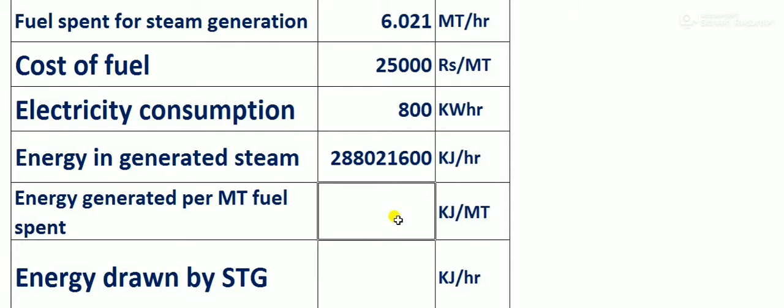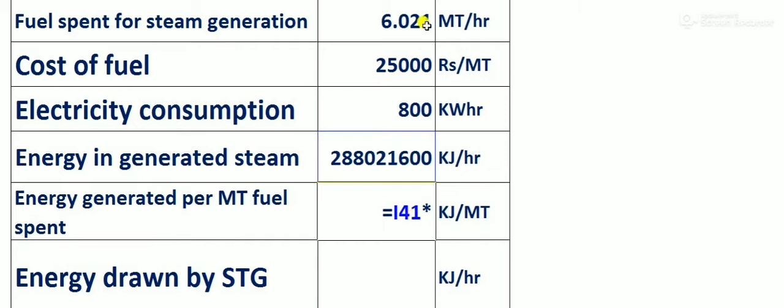Energy generated per metric ton of fuel spent. It is in kilojoule per hour, and the fuel is in metric ton per hour. If we multiply both, it will not work. So we divide this kilojoule per hour by metric ton per hour, so it will tally, right?